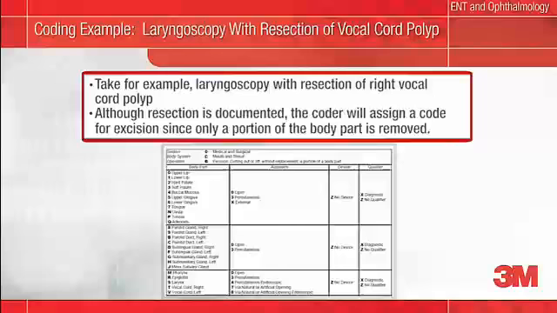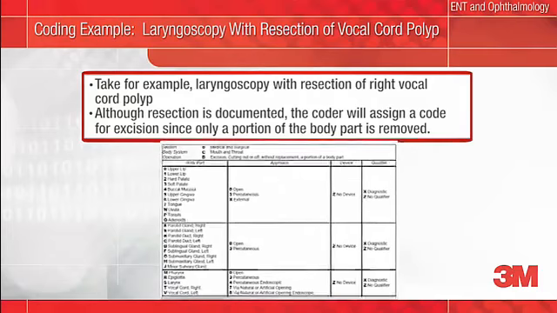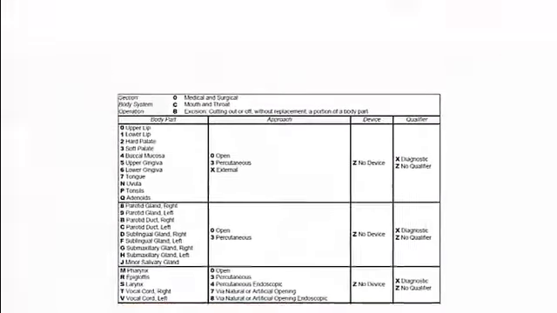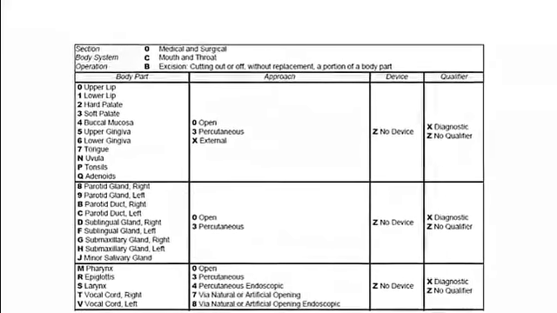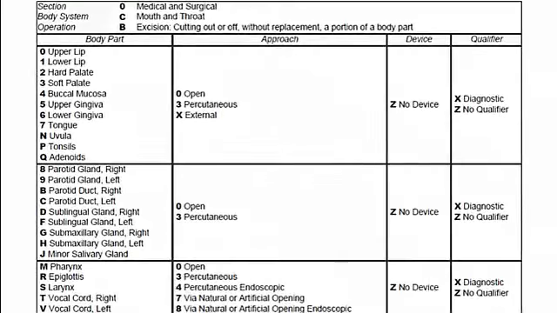Take, for example, laryngoscopy with resection of vocal cord polyp. Although the physician documented resection, the coder will assign a code for excision, since only a portion of the body part is removed. Here you see the table the coder will use to construct the code for this procedure.